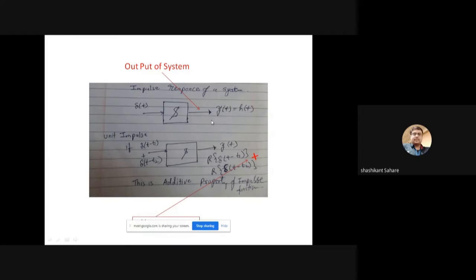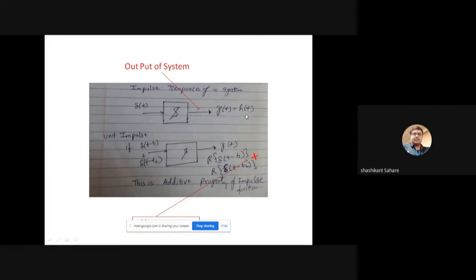In signals and systems, we usually represent a system by a rectangular block, which has some input, delta of t, and some output, y of t. Here this S represents a simple system. Whenever I apply the input signal delta t, that is the impulse function, obviously I will get the output h of t. So h of t we call the impulse response.